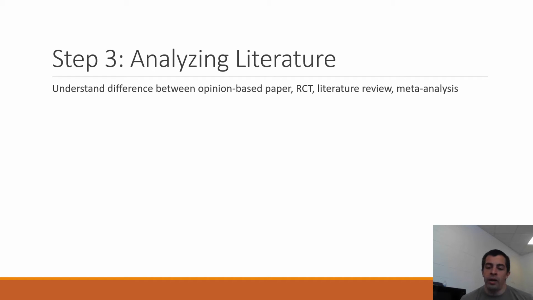Meta-analysis in many regards is held to the highest standard. But having said all of that, you should have maybe 1, 2, or 3 literature reviews and meta-analyses, and then the remainder of your research should come from experimental research, okay?